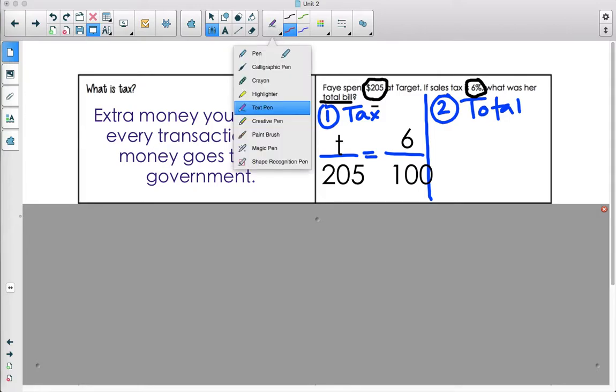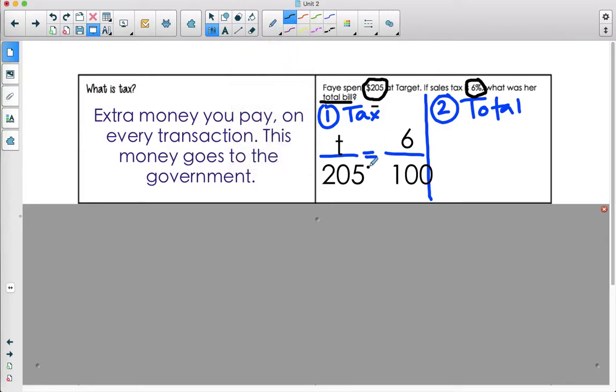So 205 times 6, and then divide by 100. When I type that into my calculator, 205 times 6 divided by 100 got me 12.3.